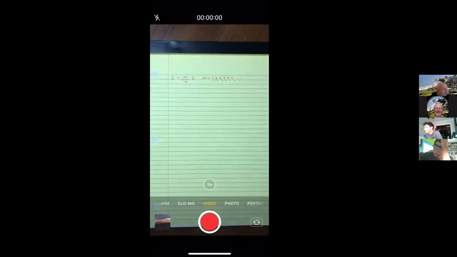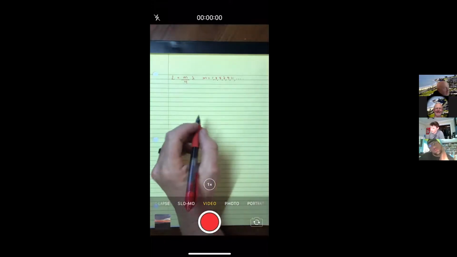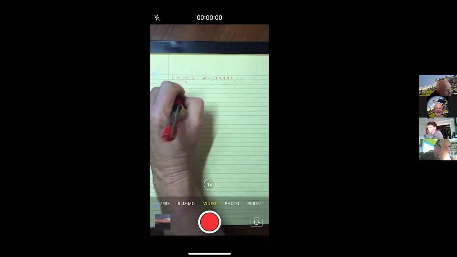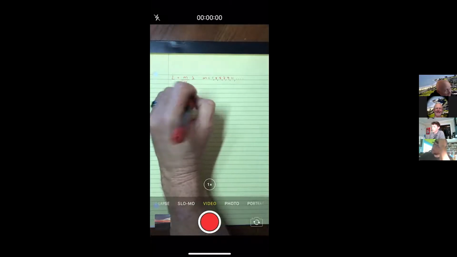So that's the basic physics of it. Now I can finally get to the question. It says what frequencies are possible. Frequency is the velocity divided by the wavelength.